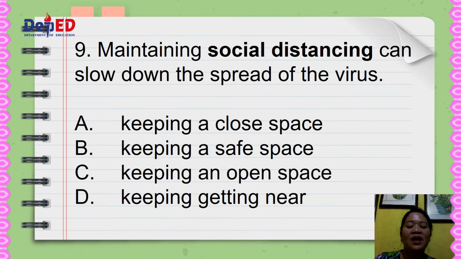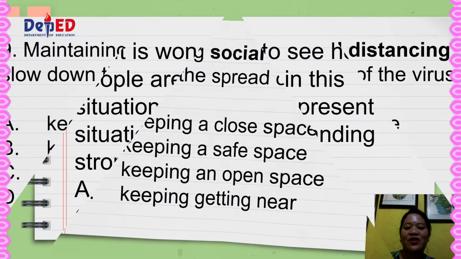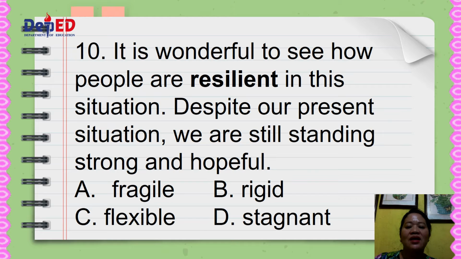For number 9, maintaining social distancing can slow down the spread of the virus. Social distancing means A. Keeping a close space, B. Keeping a safe space, C. Keeping an open space, or D. Keeping getting near. Think, think, think. For number 10, it is wonderful to see how people are resilient in this situation.